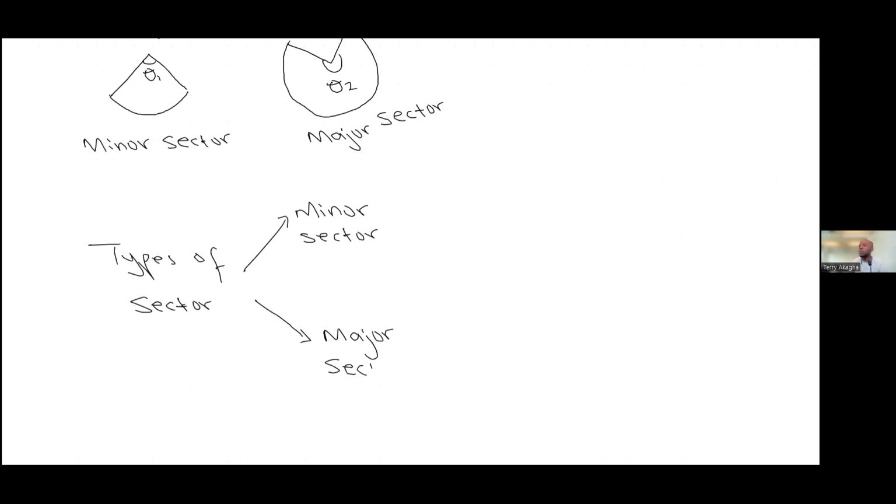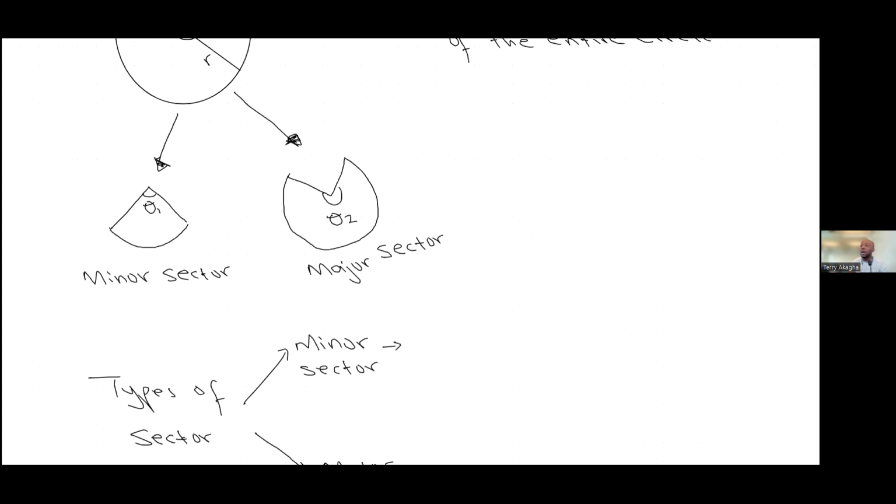The minor sector and the major what? Sector. Now, the difference between the minor and the major is basically in terms of the angle. So the angle here is the angle subtended by the minor sector, while this angle here is the angle subtended by the major sector.